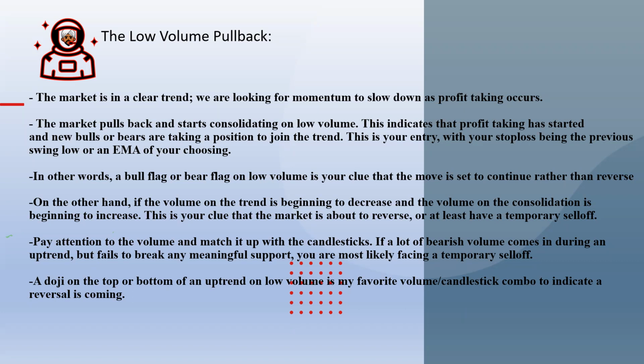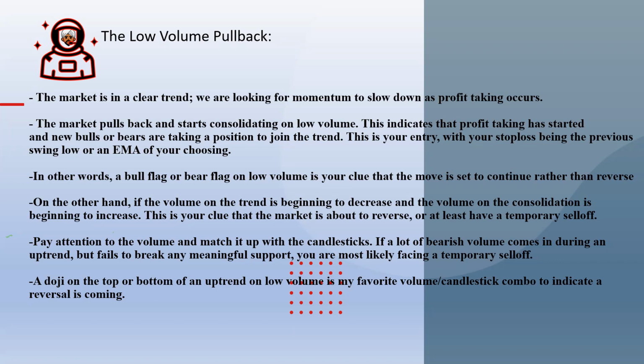But on the other hand, if the volume on the trend is beginning to decrease, say we're in an uptrend and the volume on the uptrend is starting to decrease, and the volume on the consolidation is starting to increase, say the red candles on the consolidation are having more volume than the buy candles, that's a big clue right there. Pay attention to that.